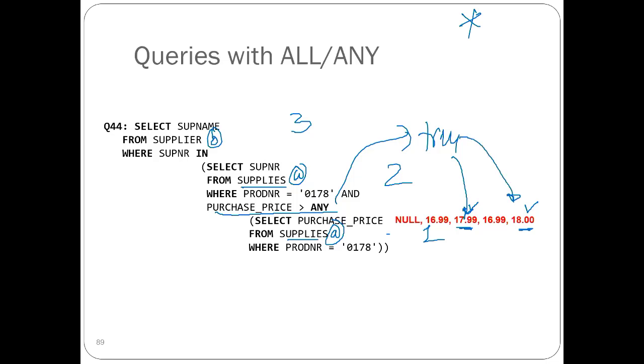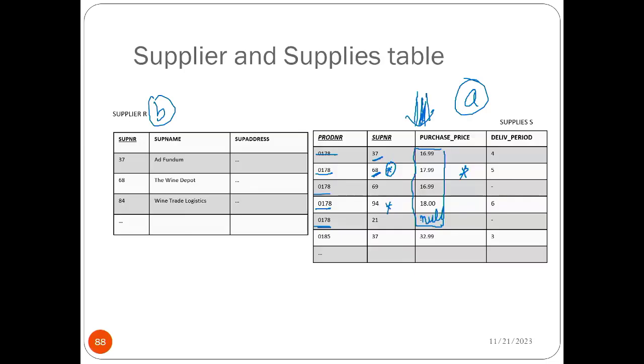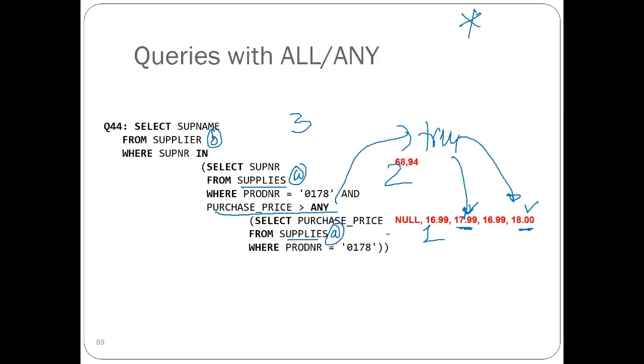And those two suppliers correspond to supplier number 68 and 94, right? And when you use this supplier table with the corresponding supplier number, like this one, 68 is wine depot, yes, and 94, well, we can't see 94 here, but don't worry about that, we can find that out.